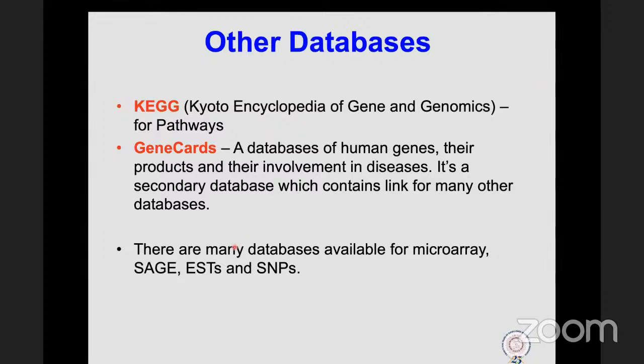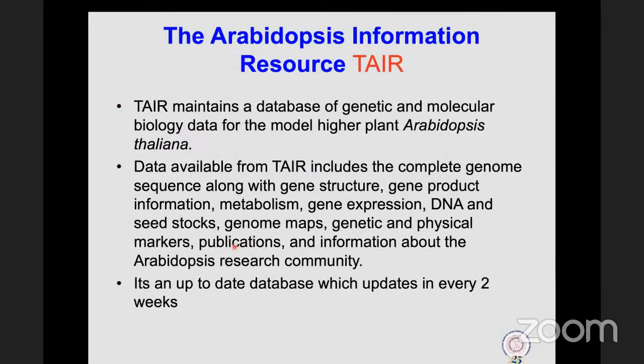There are a number of other databases which I'm not going to talk about, but I'm going to tell you about this very important resource, one of the first, which is a model data resource for the dicot plant, called the Arabidopsis Information Resource, or TAIR. It maintains the genetic and molecular data about the higher plant Arabidopsis thaliana, which is a model plant.